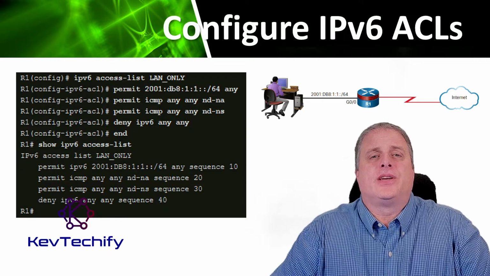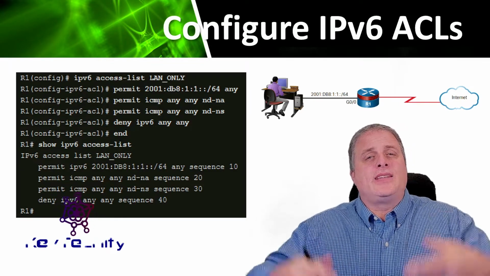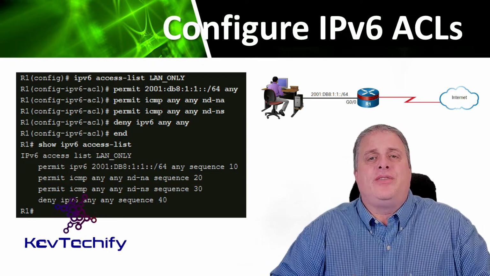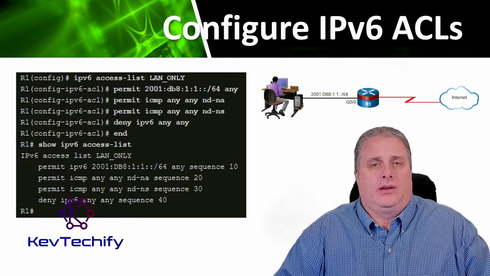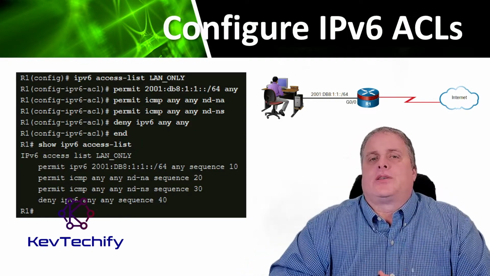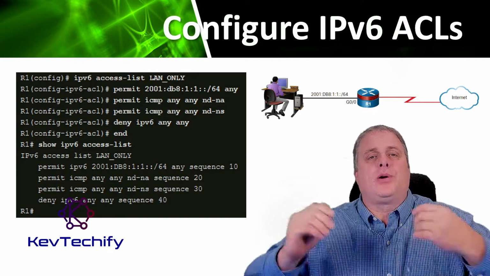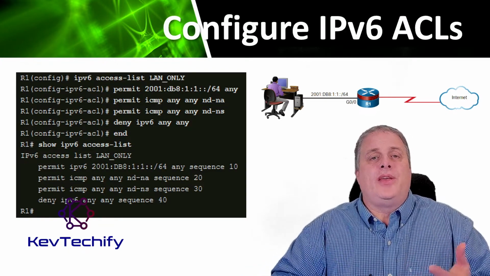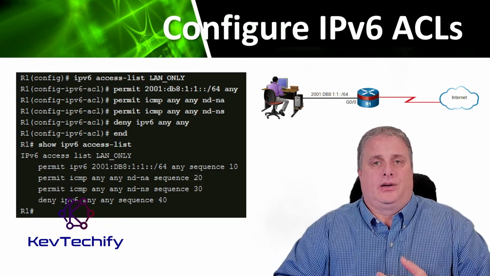An IPv6 access control list contains an implicit deny IPv6 any command at the end. Each IPv6 access control list also contains implicit permit rules to enable IPv6 neighbor discovery.